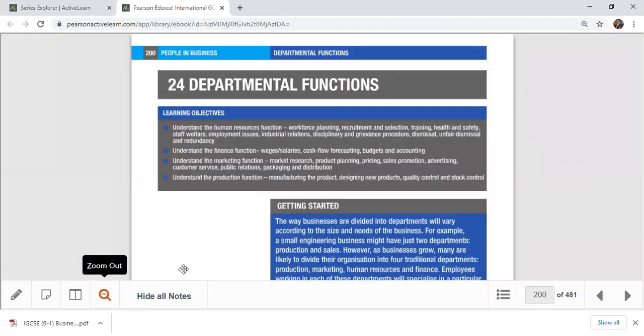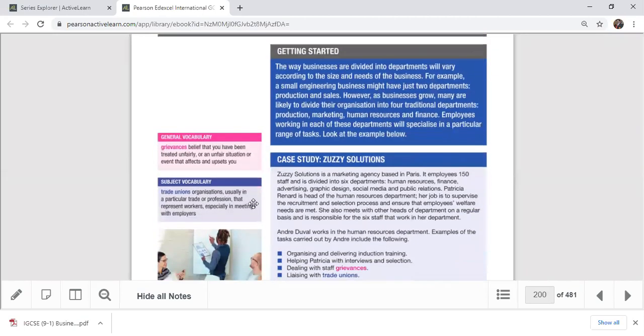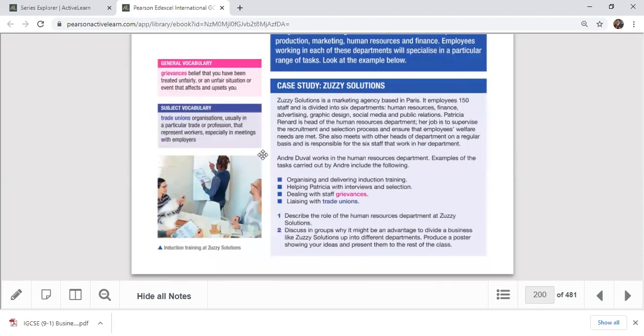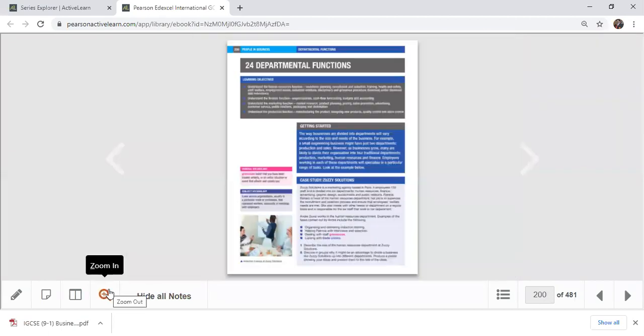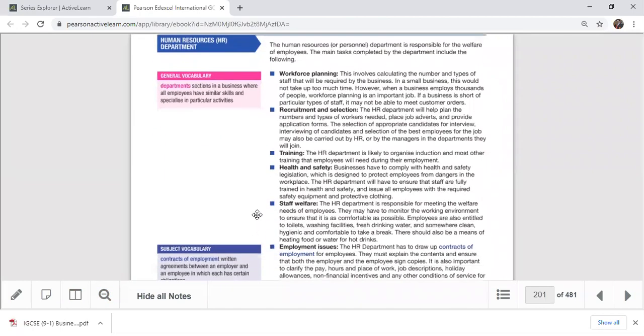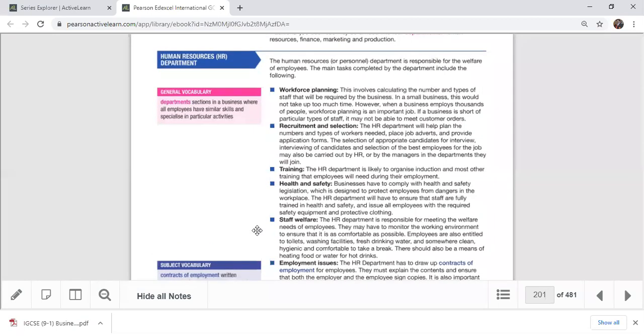We took an introduction to the 4 important departments of the business, namely HR, finance, marketing, and production. We talked about the case of Susi Solutions for the human resource department, which gives an introduction to the HR department, and the functions and responsibilities of the HR department: recruitment, selection, training, motivation, health and safety, staff welfare, everything. That's the lesson we discussed today.